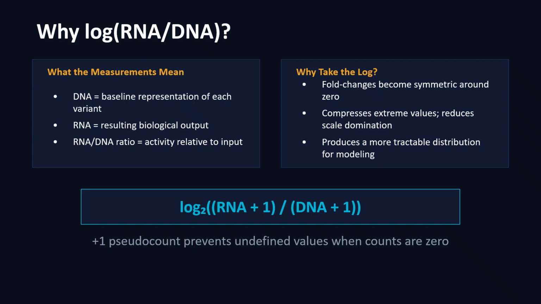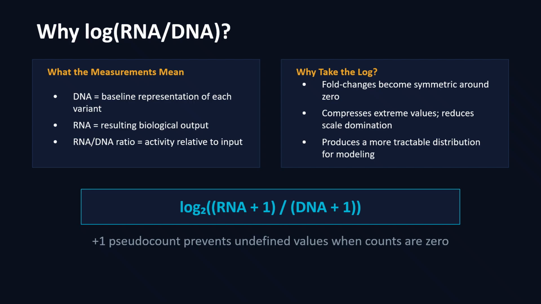The log transform can do two important things. First, it makes fold changes symmetric. So a twofold increase and a twofold decrease are equally spaced. Second, it compresses extreme values so highly expressed variants don't overwhelm the dynamic range.